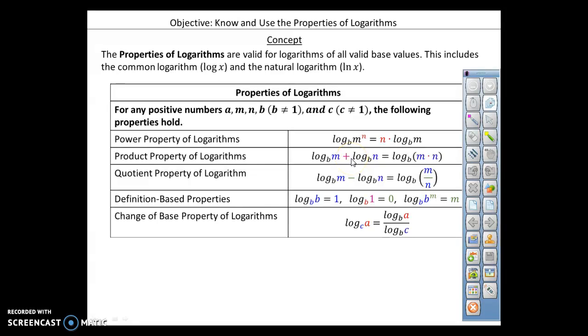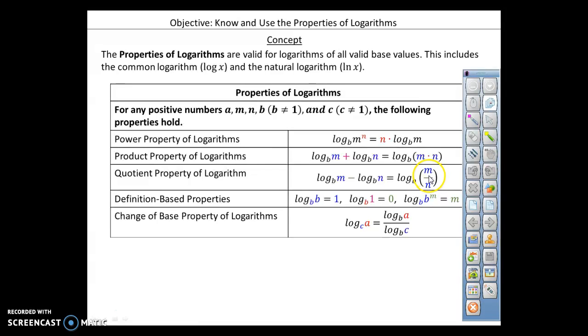If we have a sum of two logarithms of the same base, then we can rewrite that as a single logarithm of that same base if we multiply the arguments together. And if we have a difference of two logarithms of the same base, then we can rewrite that as a single logarithm of that base by dividing the arguments. It must be the first argument divided by the second argument in this property.